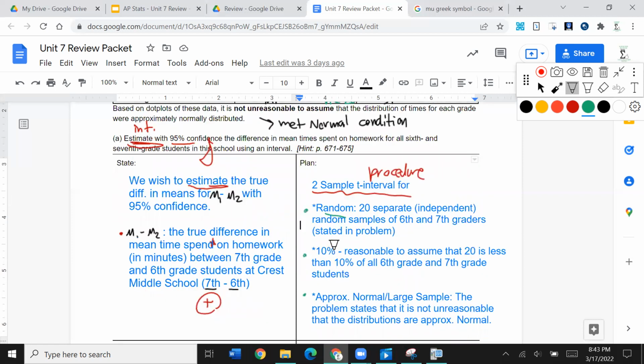So we're just going to state that it's reasonable to assume that 20 is less than 10% of all 6th grade and 7th grade students. And as far as the approximately normal condition, that's right here. The problem says it's not unreasonable to assume the distribution of times for each grade were approximately normally distributed. So again, I'm just restating that.